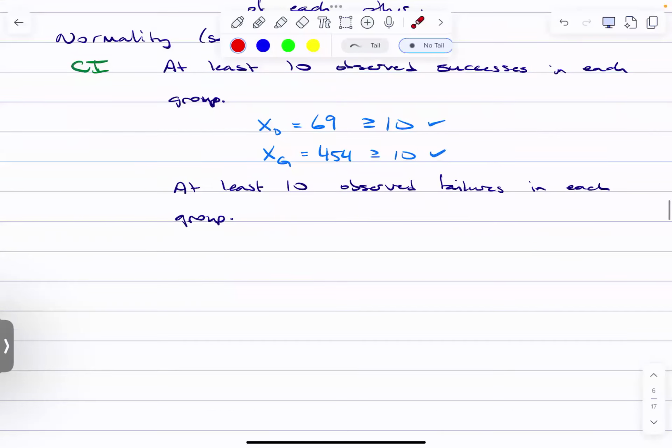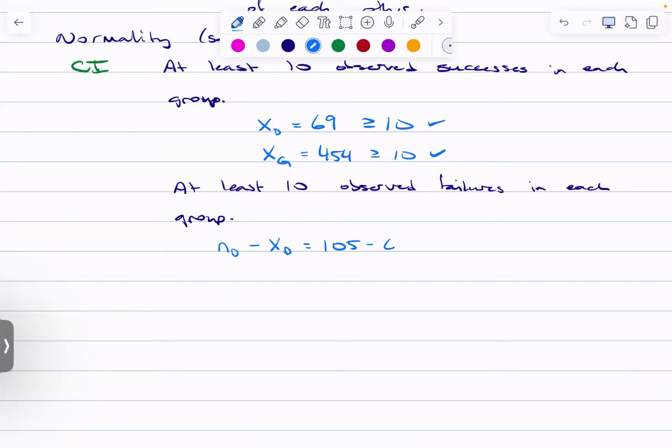So n duke minus x duke is 105 minus 69, which is 36, which is small, but it's greater than or equal to 10 still, so that's good. Remember, that's the one that we were concerned about being too small, right?